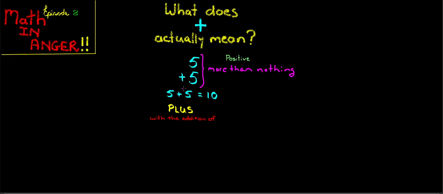Now I'm going to do something. I'm going to read this expression for you. I'm going to read it in a way that you've never heard it before. Listen carefully. 5 more than nothing with the addition of 5 more than nothing is in balance with 10 more than nothing. Did you hear that? More importantly, did you feel the light bulb going on?